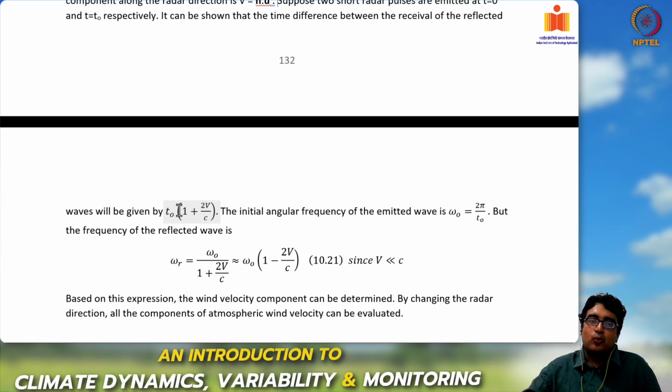So the time between the receival of these reflected pulses emitted at 0 and t0 is given by t0 into 1 plus 2v by c. c is the velocity of light.